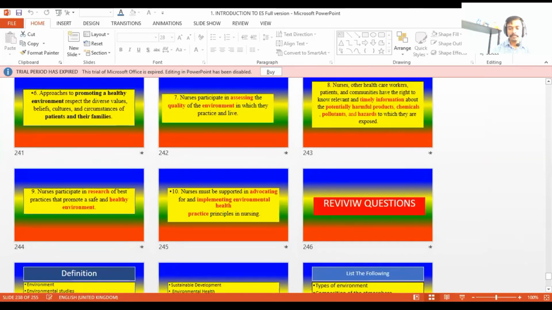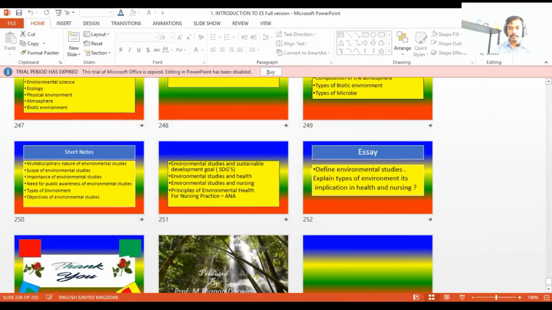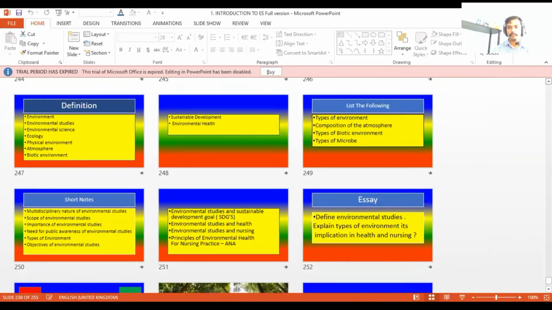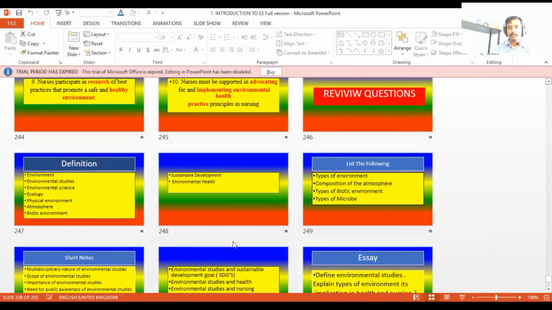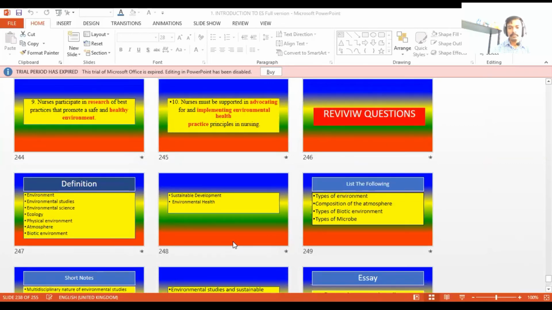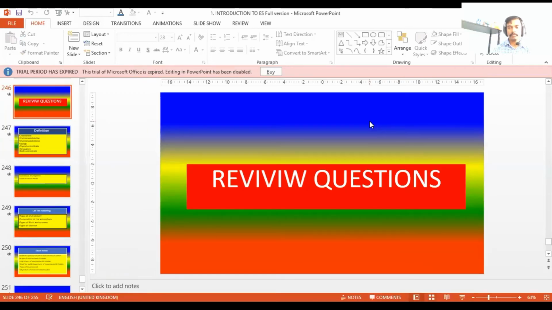So this first unit is a key for us. In this unit we have learned about types of environment. We have a lot of knowledge in detail about types. What is meant by biotic? What are their classifications?